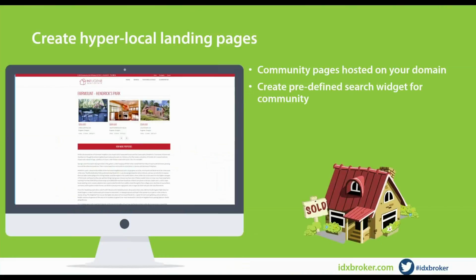But what you'll want to do, to be able to add additional SEO to it, is create a predefined search widget for the community or area that you are displaying this on. It's just a little snippet of code, so you'll go create a predefined search for that specific area. You can set it by price ranges, create a whole bunch of them and stack them in here. But you're going to grab a little snippet of code and then embed that right above the information here.